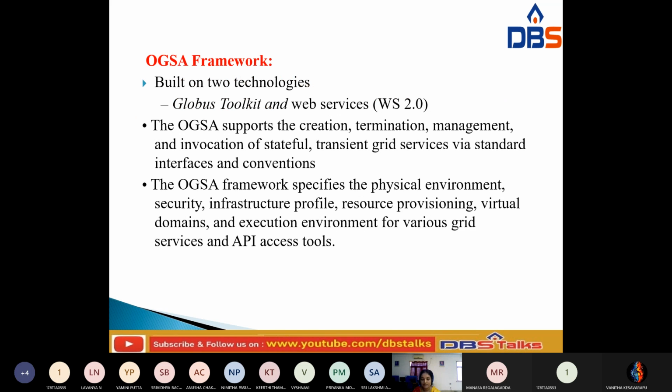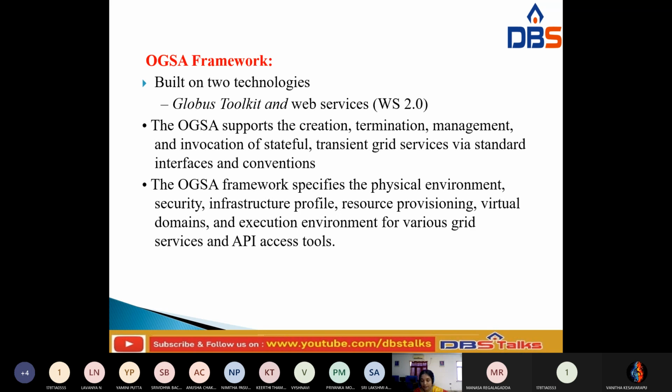OGSA is built on two basic software technologies. What are those two technologies? One is the Globus Toolkit, widely adopted as a grid technology solution for scientific and technical computing.